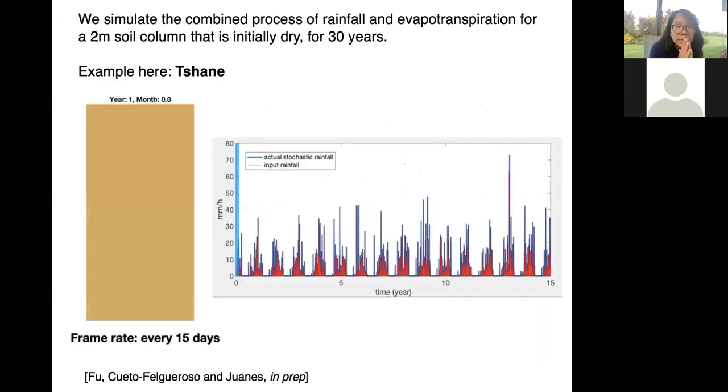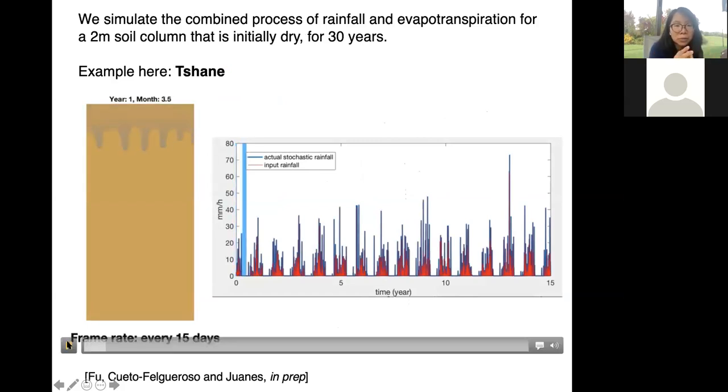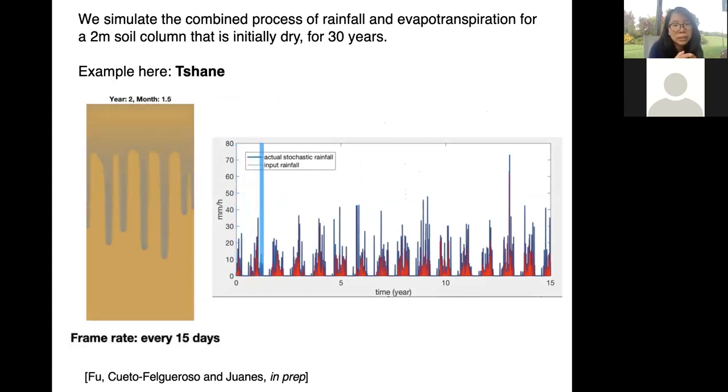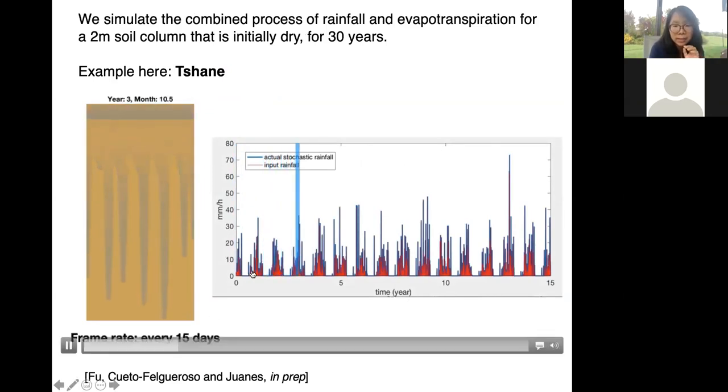For each location, we simulate stochastic rainfall and infiltration with evaporation for 30 years. Here's an example of what happens to Tishane, which is one of the southern stations, so it's one of the drier stations. On the right is the rainfall that we input into our model.